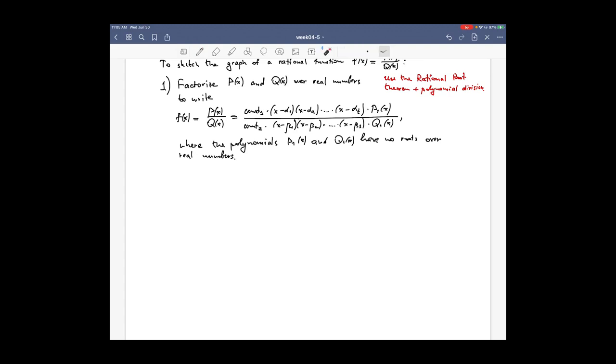Here we, of course, assume that the alphas and the betas are all real. We don't factorize over complex numbers. The numbers alpha 1, alpha 2, etc., alpha t, beta 1, beta 2, etc., beta s are real.